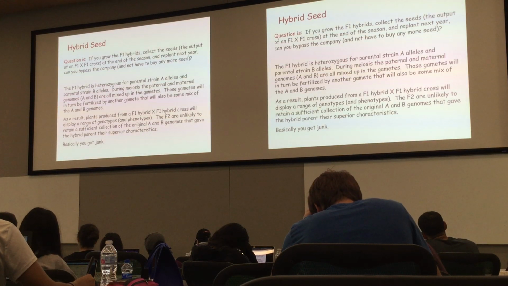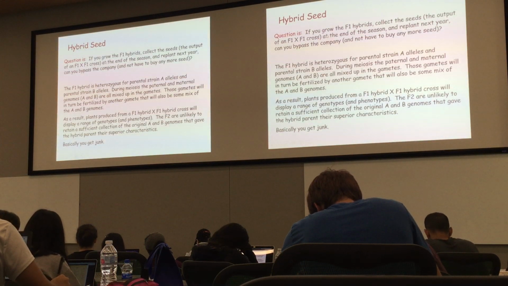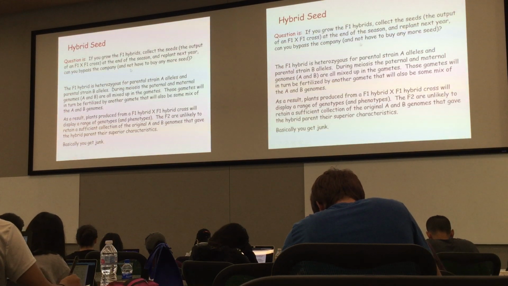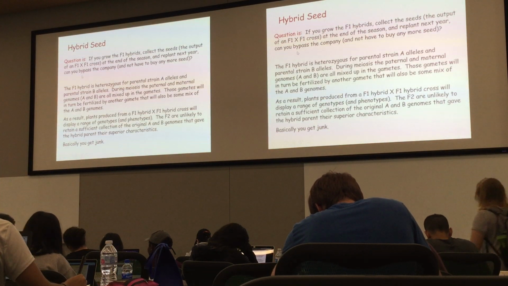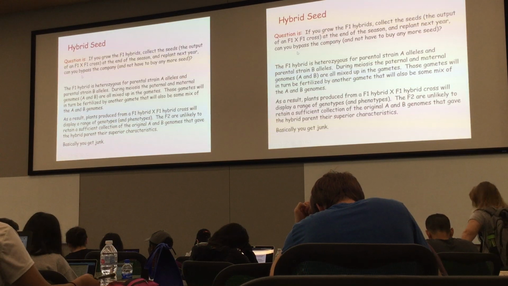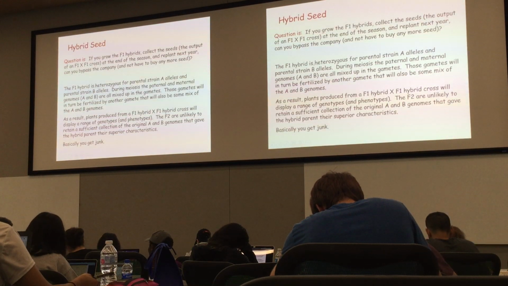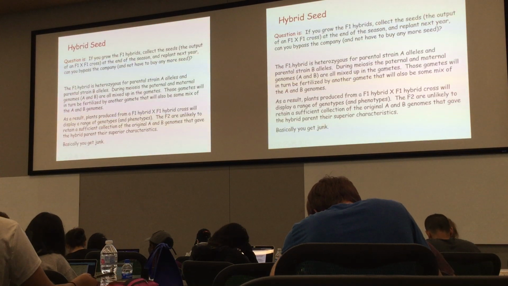It's kind of a difficult question. If you grow the F1 hybrids and collect the seeds, which are the output of an F1 times F1 cross, at the end of the season and replant, can you bypass the company, or do you still have to buy seeds?